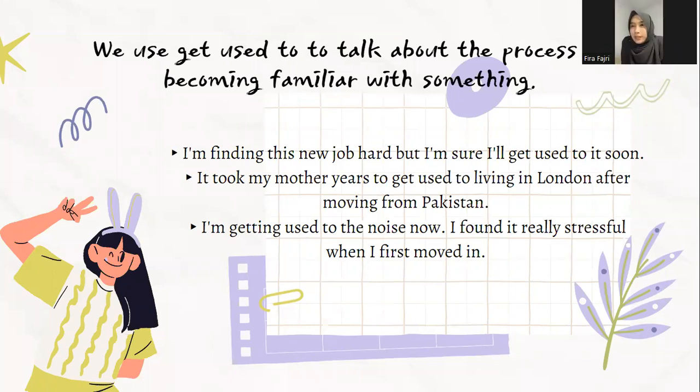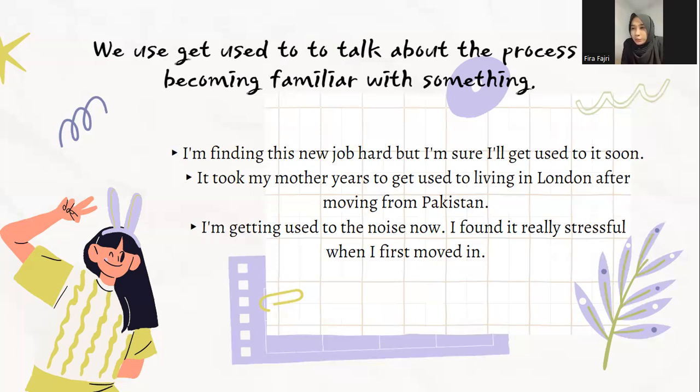We use get used to to talk about the process of becoming familiar with something. I'm finding this new job hard, but I'm sure I'll get used to it soon. It took my mother years to get used to living in London after moving from Pakistan.